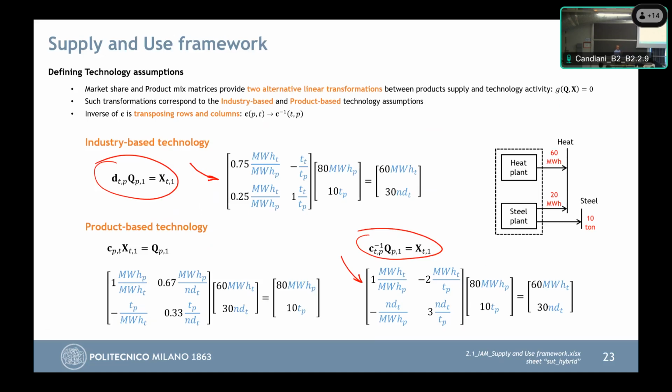Then, based on your skills and also your creativity, you can provide more sophisticated formulations of Leontief models in order to, for example, account for the curtailments. Maybe you can relax this assumption of negative numbers as outcome of the product-based technology assumption by adding other pieces of the puzzle to the equations, by adding some possibility of the system of wasting and curtailing outputs.